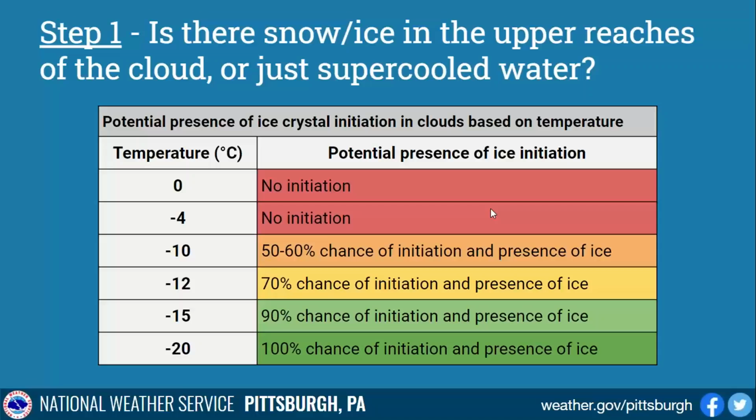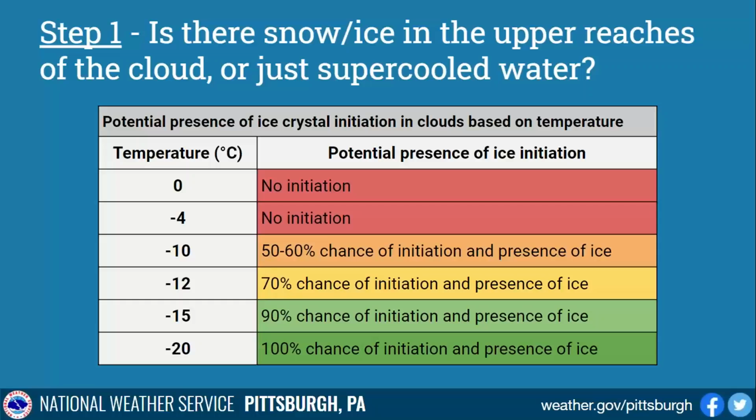This is a chart that we look at, and when you read our AFDs, you might see that negative 10 Celsius mark, or threshold. That's what we look at for the initiation of ice. The ice nucleation process begins when we have relative humidities above 70-75% within a cloud layer that's cold enough to support ice nucleation.